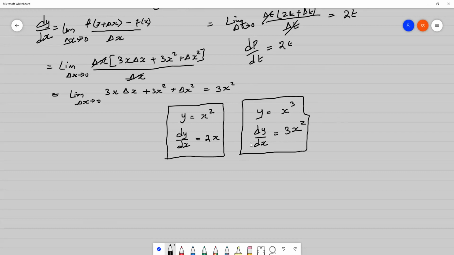Similarly, from this, logically you understand this, 2 is coming here and the power loses by 1. Here also this 3 is coming as a coefficient and the power loses by 1.